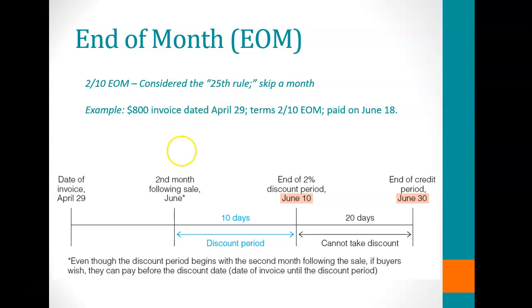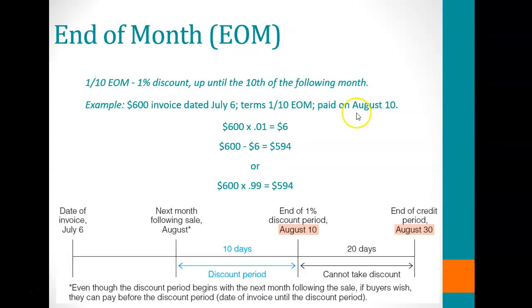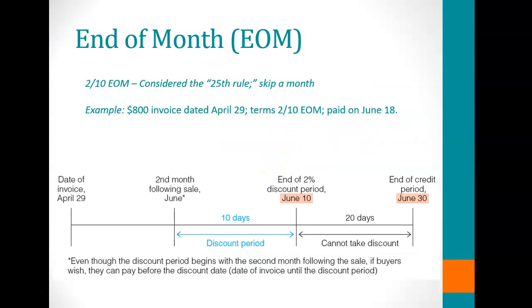Go over that again. So the invoice date is April 29th, right? And because we're using the skip a month rule, we're going to skip the actual month of May. Skipping 1 month. And we're saying that if you pay by June 10th, you're going to receive a 2% discount.